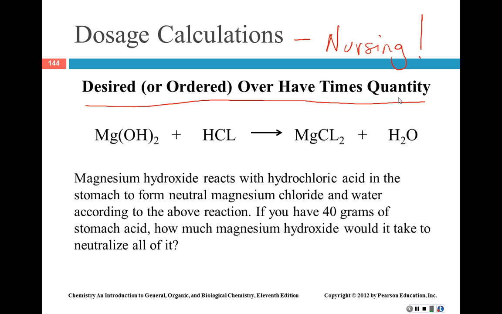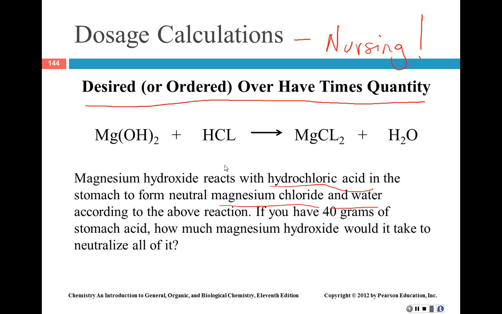Now, if you're going to do this desired or ordered over have times quantity, this is only good for going from mass to mass. So like if you have so many grams of one thing and you want to know how many grams of the other. Okay, so our problem is that magnesium hydroxide reacts with hydrochloric acid in the stomach to form magnesium chloride and water.